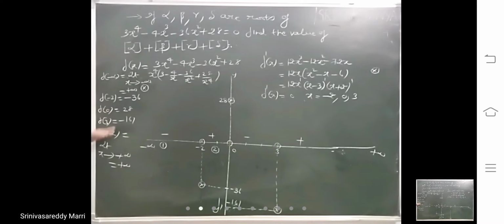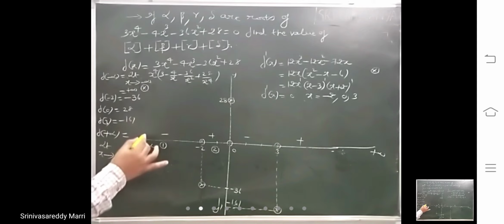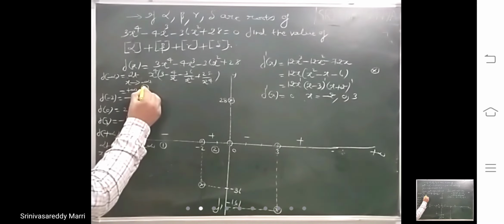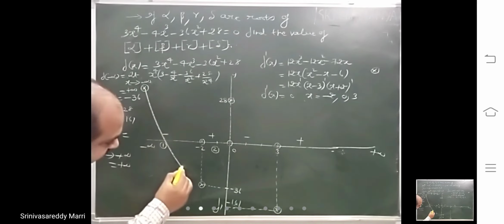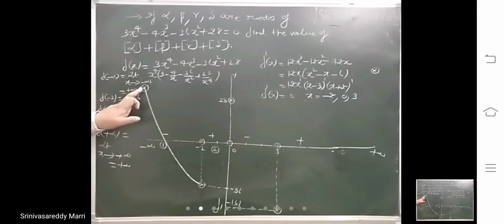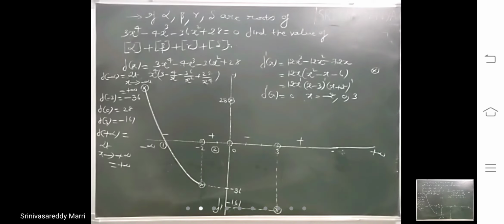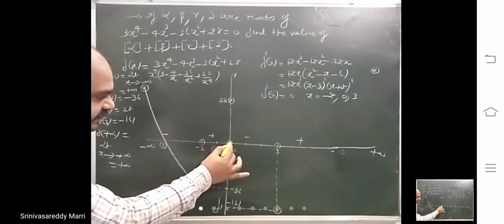After this, look at the graph: from -infinity to -2 decreasing. That means -infinity is this point, -2 is this point. Connect those with a decreasing downfall. From here to here, downfall, right? Next, -2 to 0 increasing.